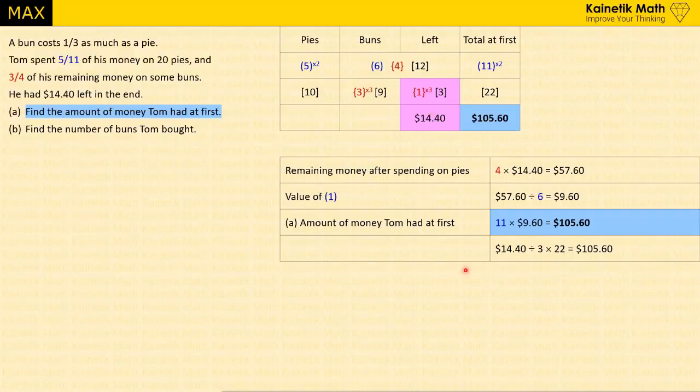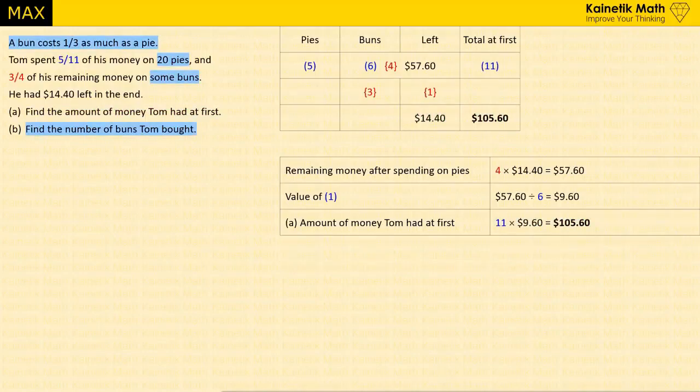Let's think about how we should proceed to the next part, part B. Remember, we still have these 3 pieces of information not used, so clearly they'll be used in part B. So what kind of setup can we use to analyze the rest of the problem? Right, here we're dealing with the number of things and also the price of each of them.